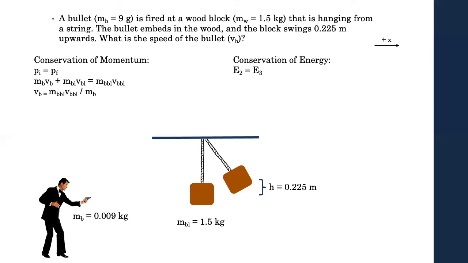So we'll say that the kinetic energy of the bullet and block together as it's struck is equal to the gravitational potential energy when the bullet block complex is no longer moving and it's reached its apex. So we can reduce that even further by eliminating the mass of the bullet and block from the equation.